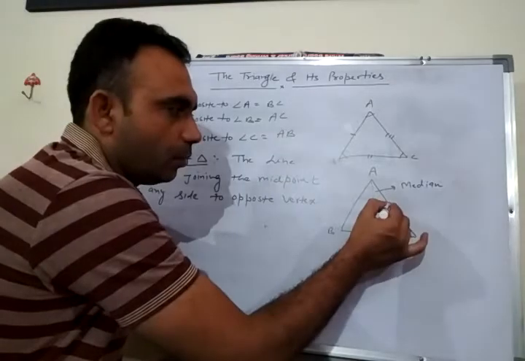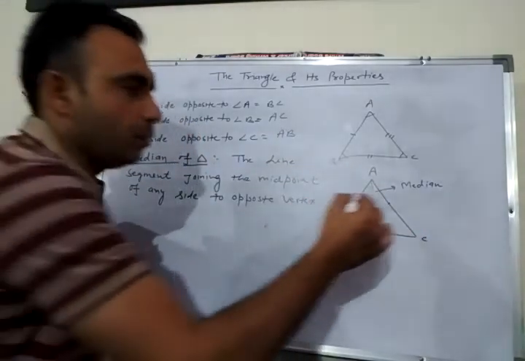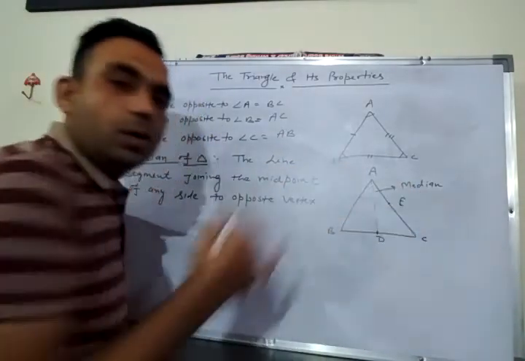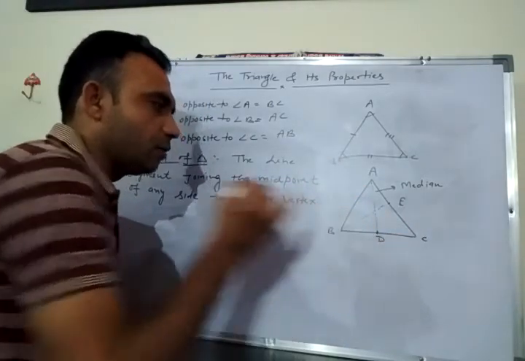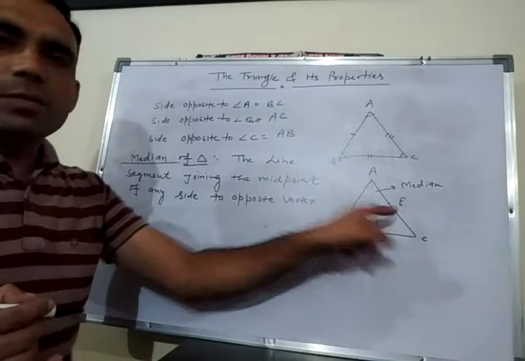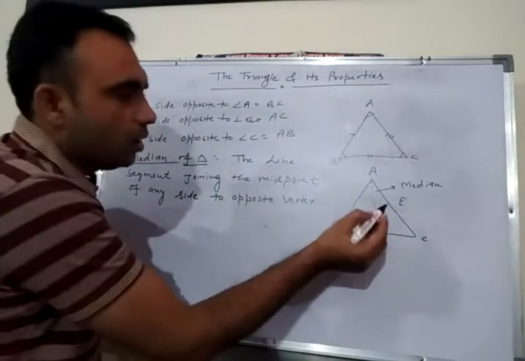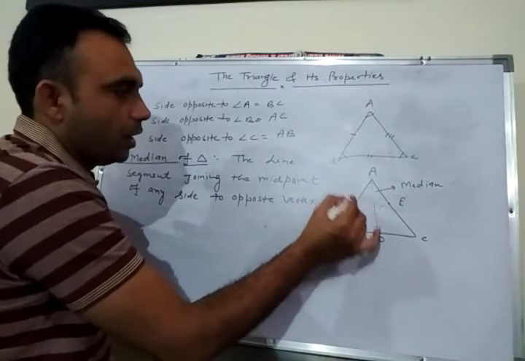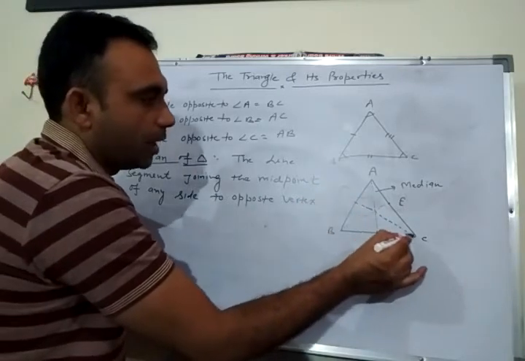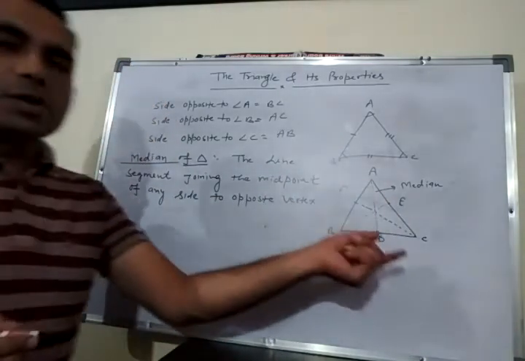Similarly, if we take the midpoint of CA, let the midpoint of CA be E, and join it to the opposite vertex B, then we get median BE. And similarly, if we take the midpoint of AB, that is F, and join it to the opposite vertex, then we get median CF.